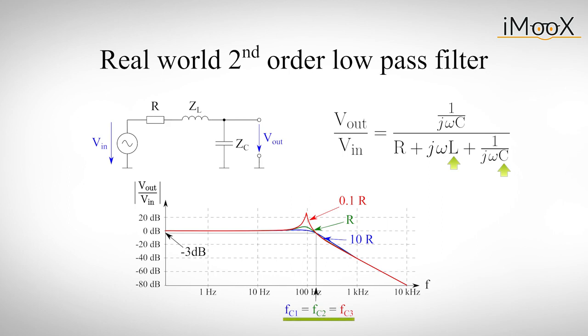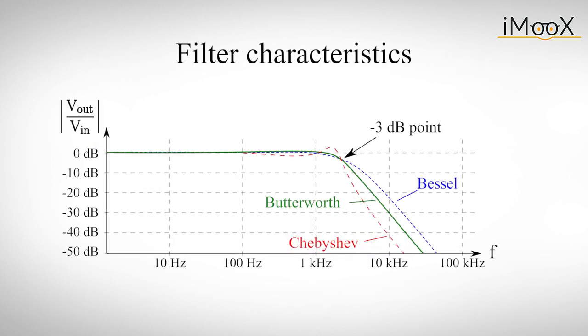All these degrees of freedom can be used to alter the so-called characteristic of the filter. There are some important designations for the most common filter characteristics. The ones you will probably see most frequently are called Bessel, Butterworth and Chebyshev characteristic. All of them have certain advantages and disadvantages.